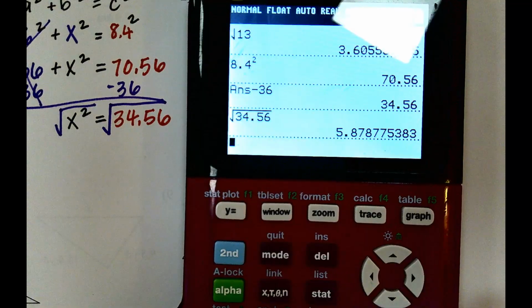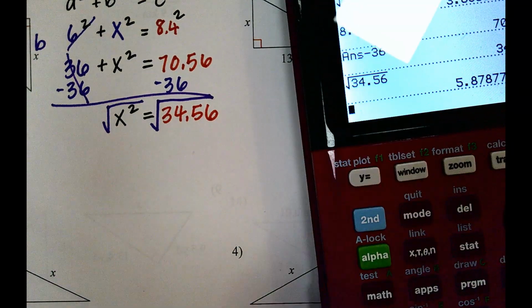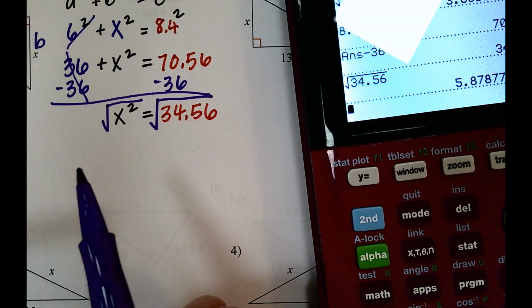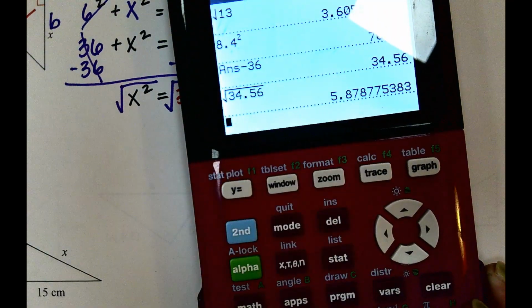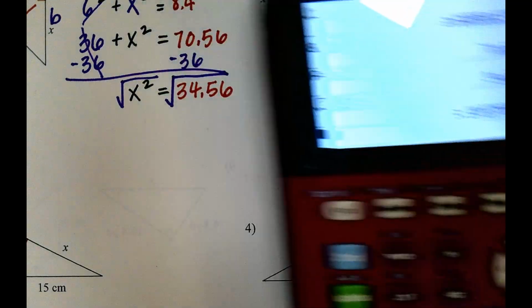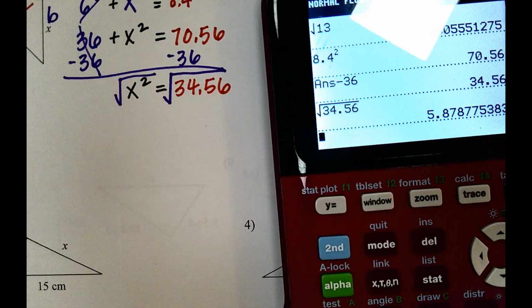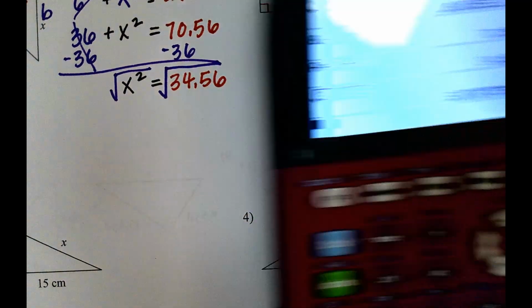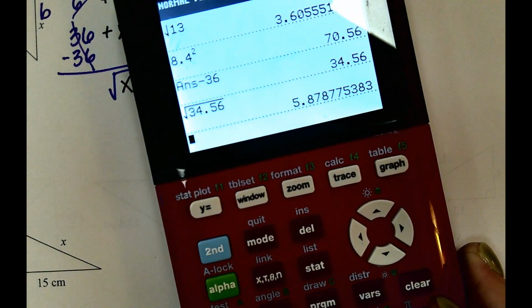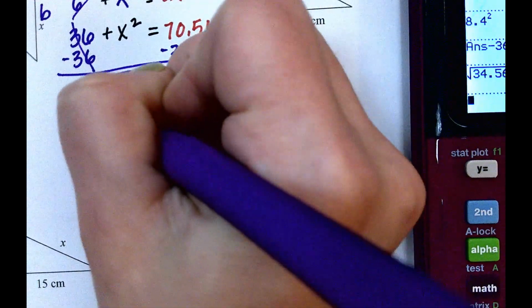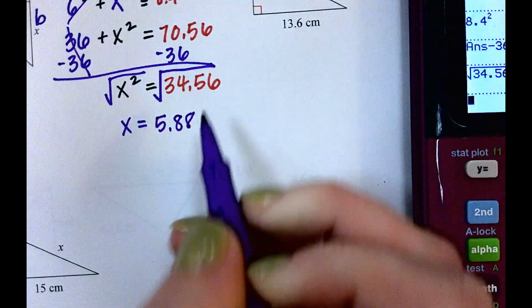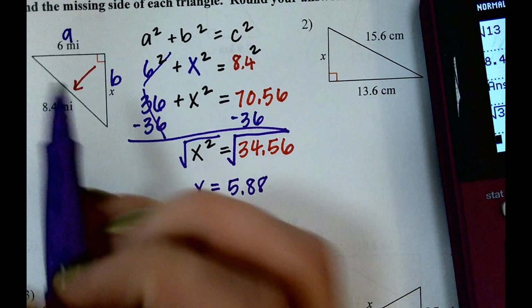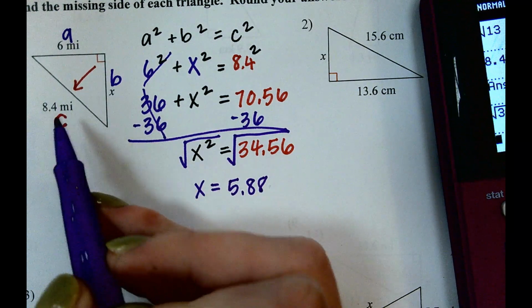I won't be super picky on how you write your answer, as long as you don't just round it up to like 6. I want 1 or 2 decimal places, so I'm going to round that up and do 88. So x equals 5.88. And our units are in miles, MI.